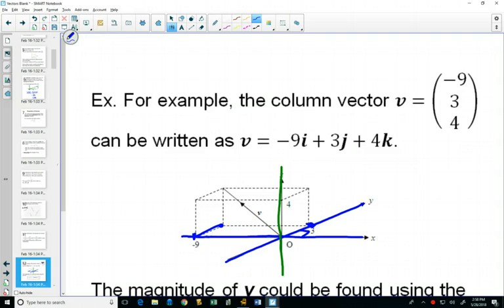Now, here's the tricky part when graphing this. If this is 4 up in your z direction, this same distance right here has to be brought over here to that point. Does that make sense? Sure. And then we've got the vector v starting at our origin to that space out there.